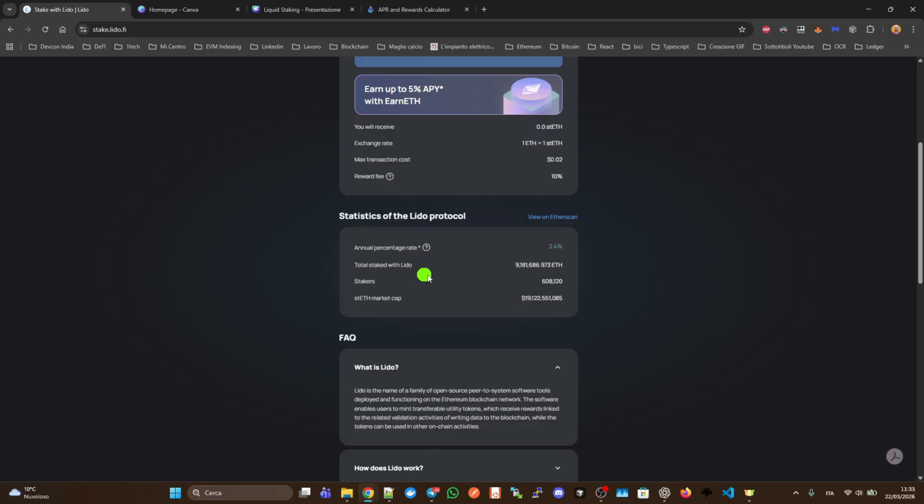This is the total staked with Lido, if you want a unit of measure of how big the protocol is. We are talking about 9 million Ethereum staked. The stakers are 600, and the total staked Ethereum market cap is worth 19 billion dollars.